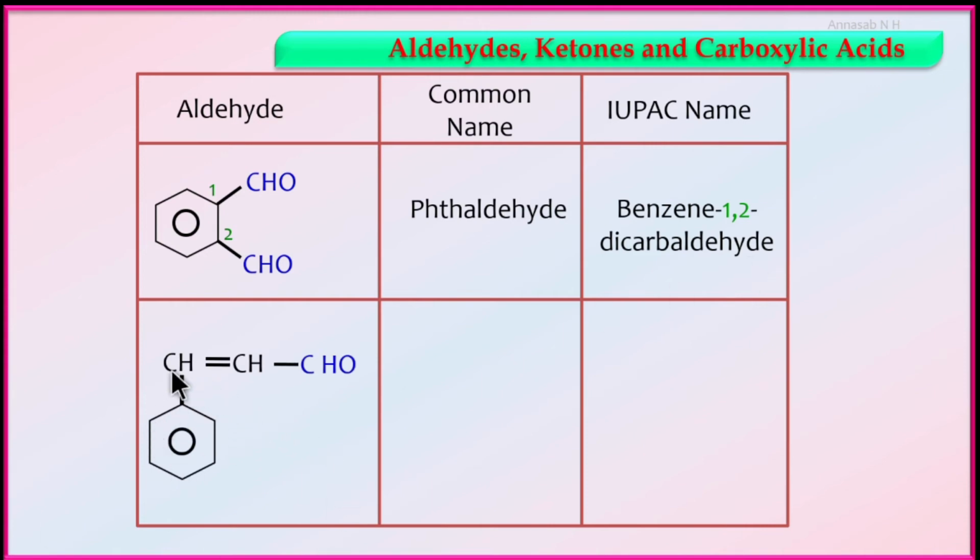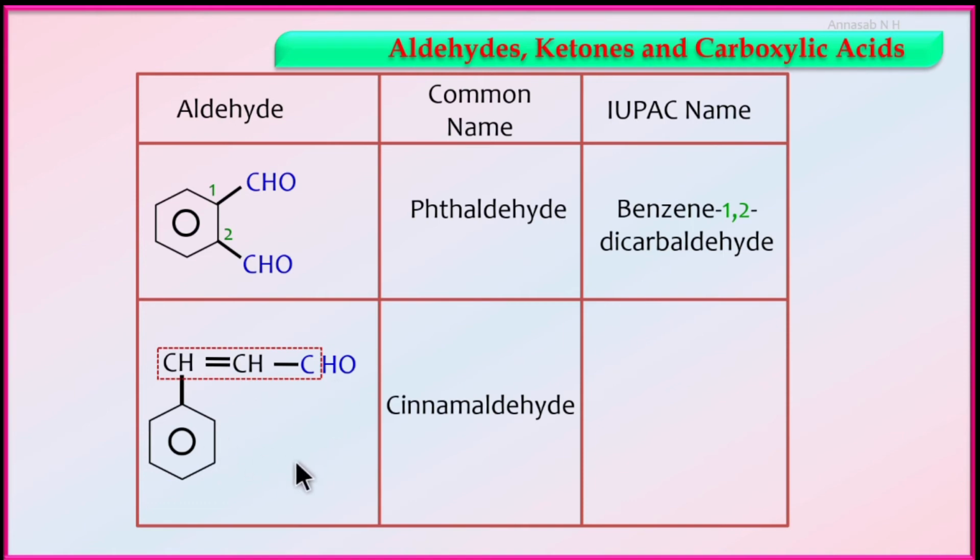Next example, a benzene ring to which CH double bond CH, CHO group is attached. Common name, cinnamaldehyde. For the IUPAC name, it is considered a 3-carbon parent chain with a carbon-carbon double bond. To the third carbon there is a phenyl group, because it is C6H5, where one of the hydrogen atoms is replaced by CH double bond CH, CHO.